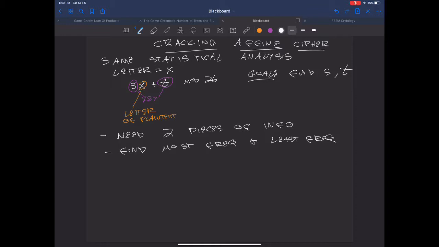Because we know that some of the least frequent letters in the English language are Q and Z. So if you look for the least frequent letter in your ciphertext, you could guess that maybe that is either Q or Z. Another is you could find the two most frequent letters and assume that one of them is E and the other one is maybe T or S or R. We have that table in the video that described the second tier of most frequent letters in the English language.